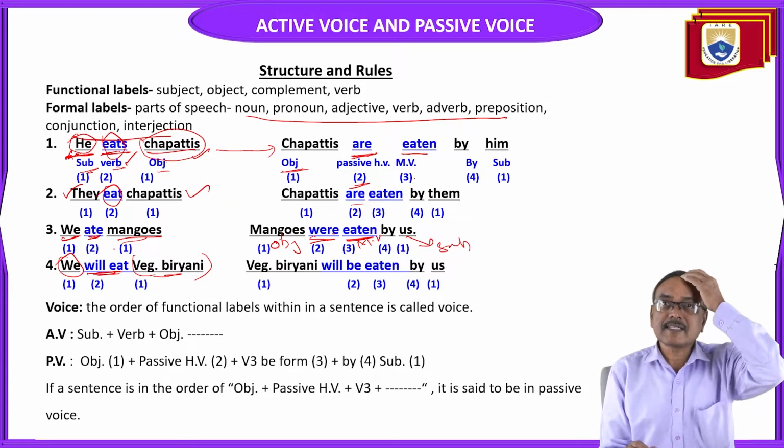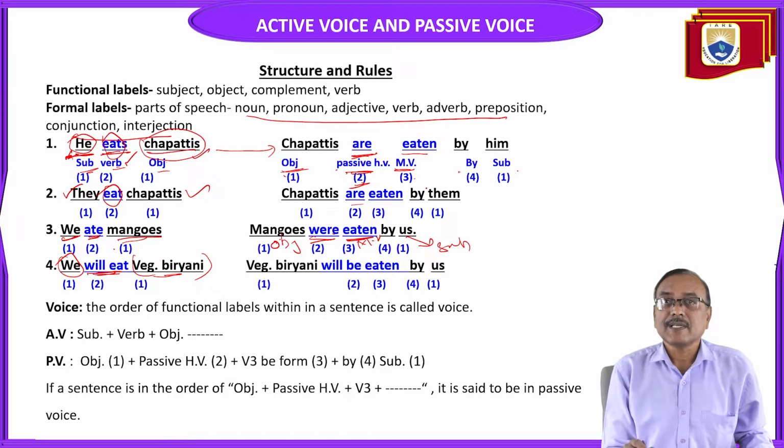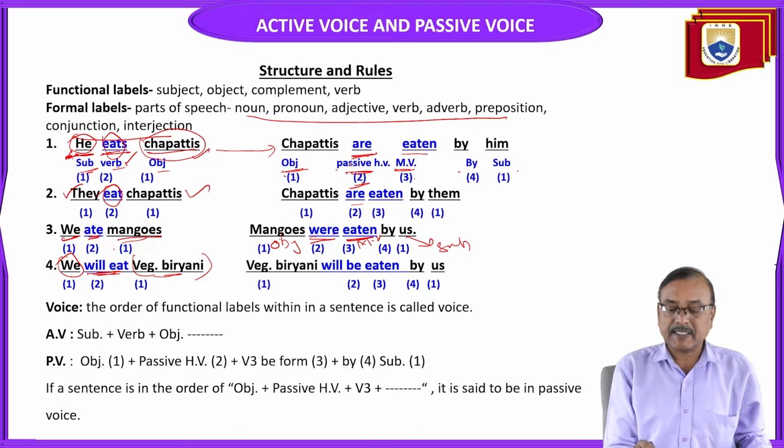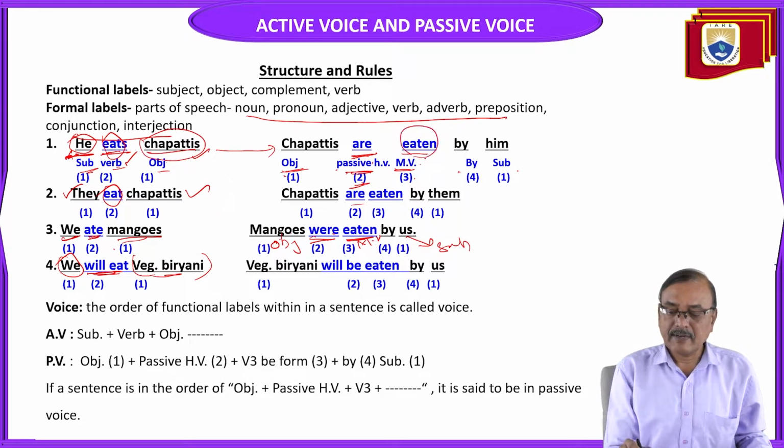See the sentence structure here. It is object, followed by passive helping verb, then main verb, then by, then subject. The main verb is always in V3 form: eaten, eaten, eaten.